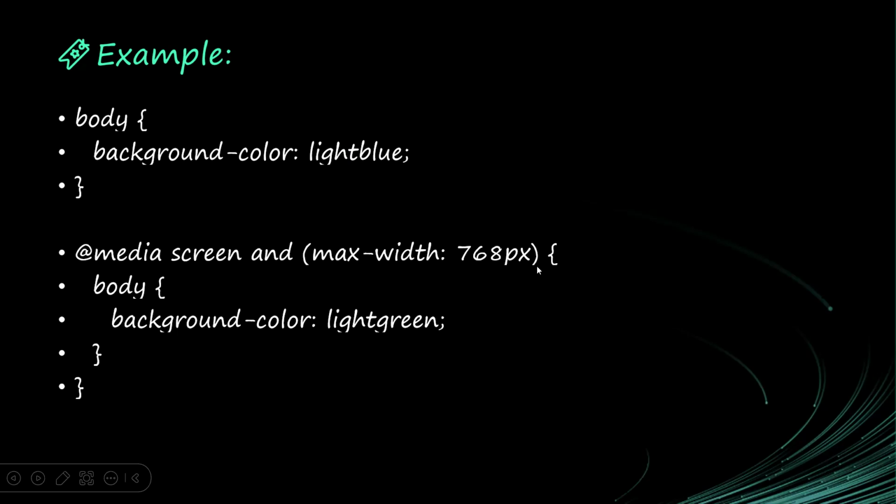If you have a width that is more than 768, this style will not apply to it. Do you understand? So the screen type, and the feature here is max width, means that we cannot go more than that. Let me just show you with an example.